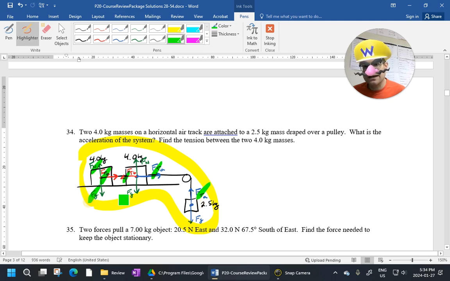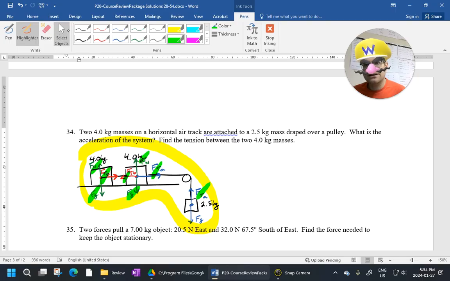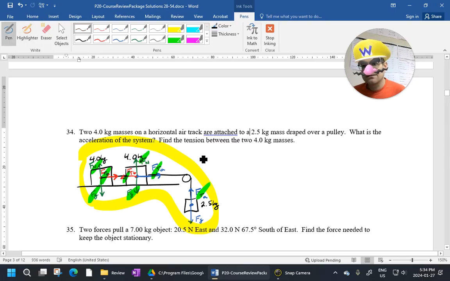This cancels out with that. This one cancels out with that. So they all start canceling out. And my F net for this specific thing is the sum of all the forces, but there's only one force. It's this gravity down here, the mass times gravity of this 2.5 kilogram box. And that's all it is. It's just that gravity down there.